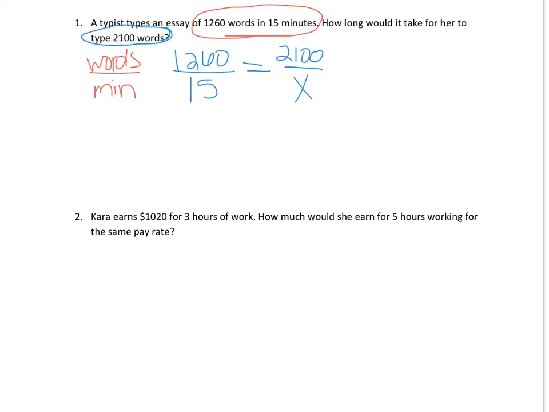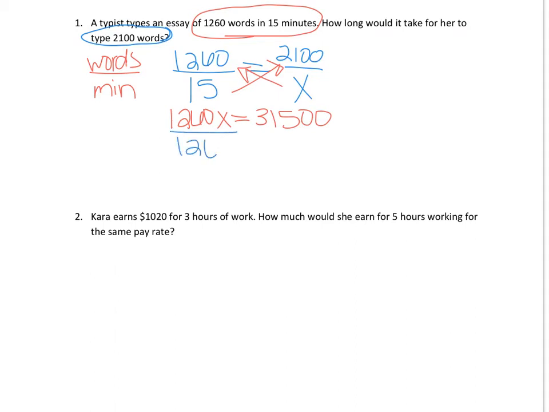And then once you have your proportion set up, like I said, this is probably easier than the proportions you guys solved yesterday. So if I multiply up and across, I have 1,260x equals, and when you multiply 15 times 2,100, you get 31,500. And how would you solve for x?